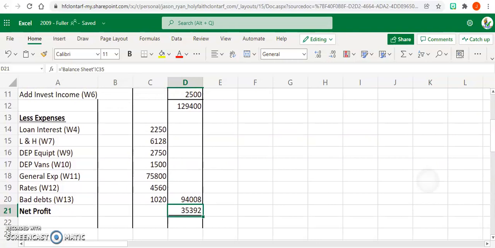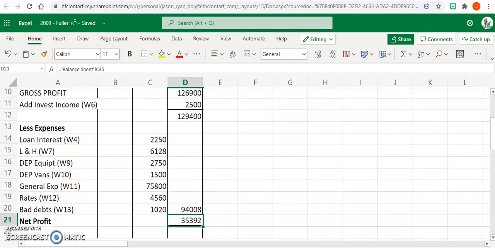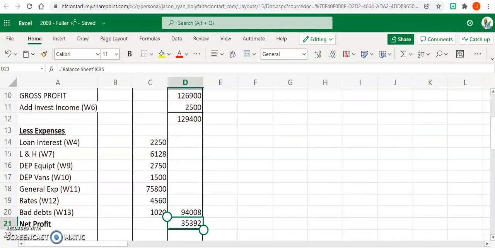Then we need to add investment income. If we're adding investment income onto this, we need a figure above it that's going to be lower. So you take your 2,500 away from the 129,400, and that gives you 126,900. That's our gross profit.